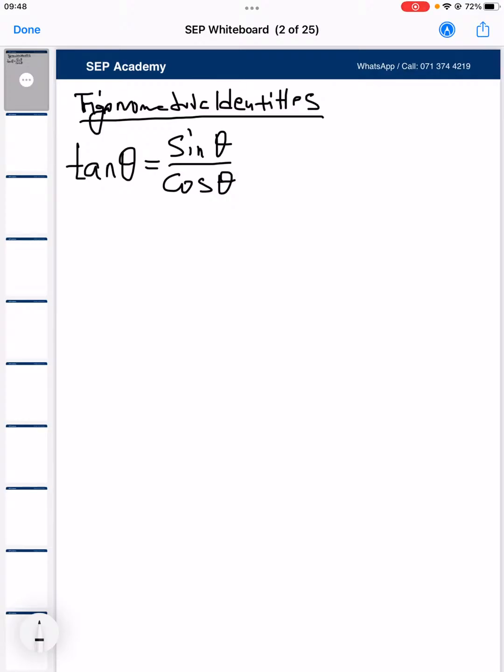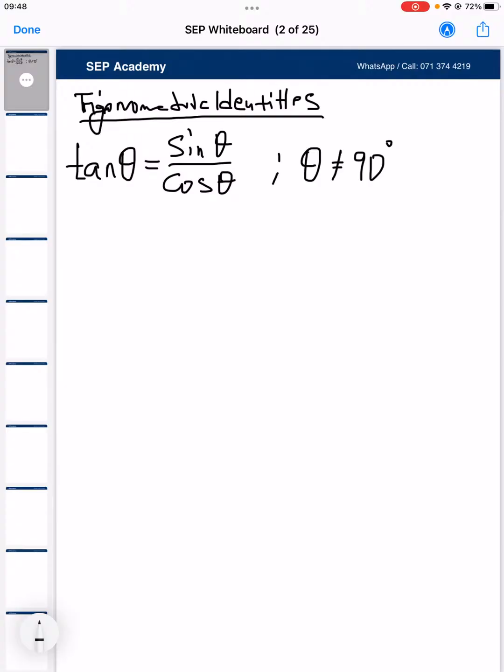I will definitely prove it to you just now. Most importantly, please be aware that if that angle is equal to 90 degrees, it doesn't apply. So the angle must not be equal to 90 degrees.